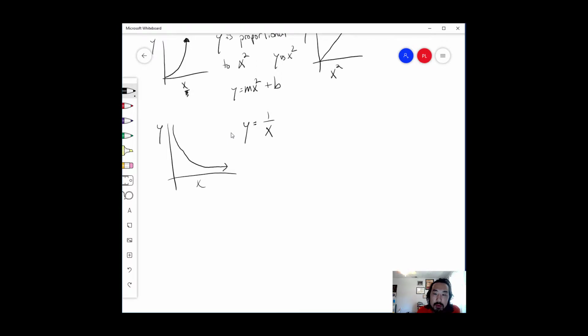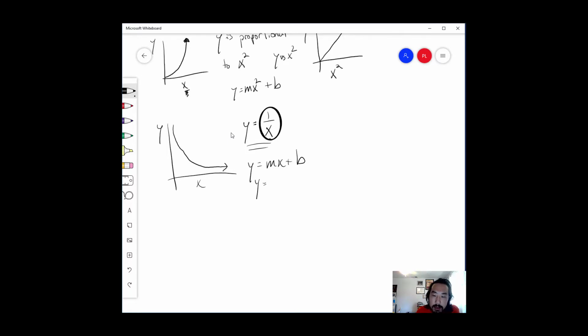Now, if we were to graph our data where the x-axis isn't modified at all, we will get a curve like this. But if this is a relationship and we want to transform this into a y equals mx plus b format, we have to replace our x with this relationship right here, which is 1 over x.